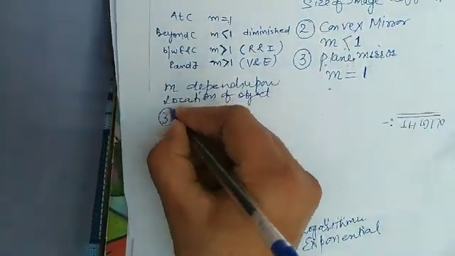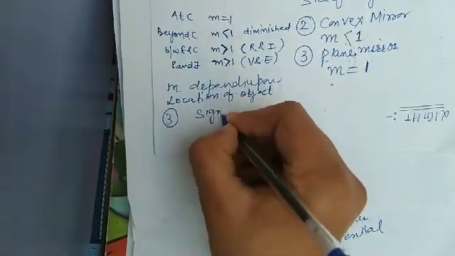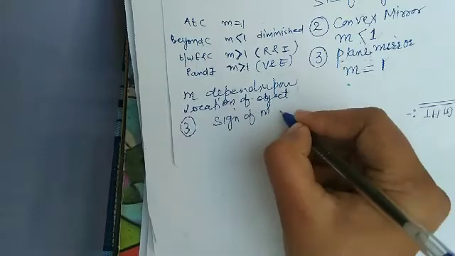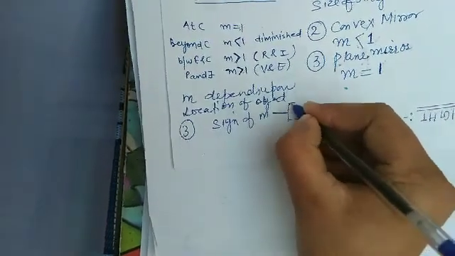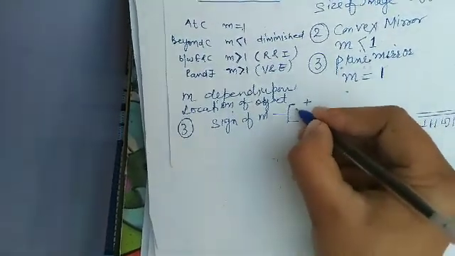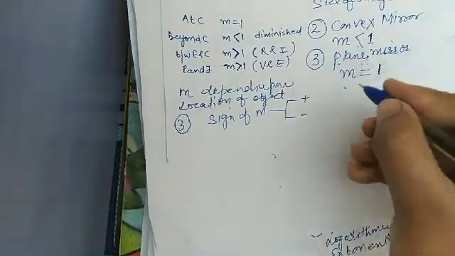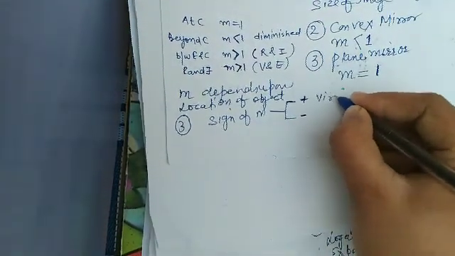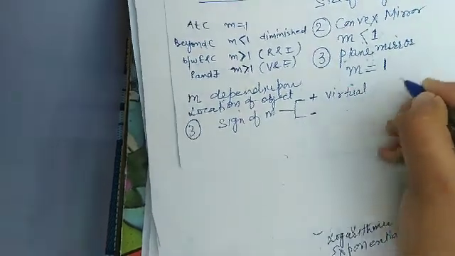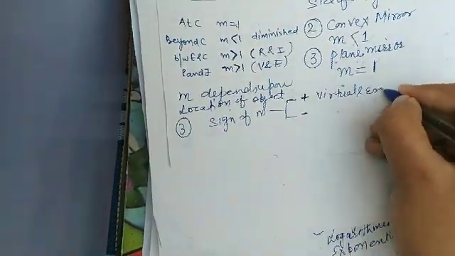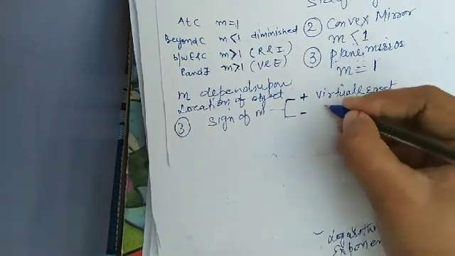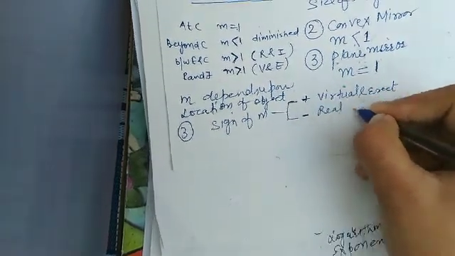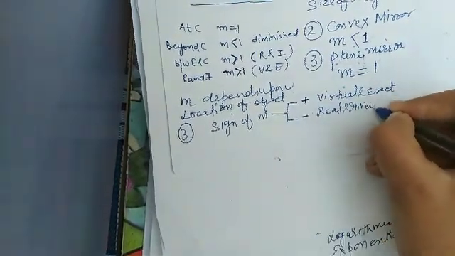Third question, sign of m. m का क्या sign है? Possible cases of magnification sign is positive and negative. If it is positive, it means image is virtual and erect. If it is negative, the image is real and inverted.